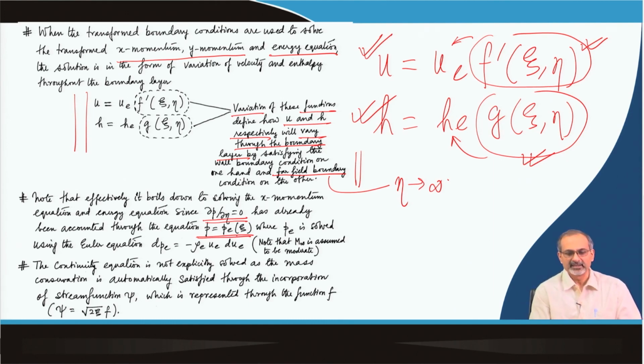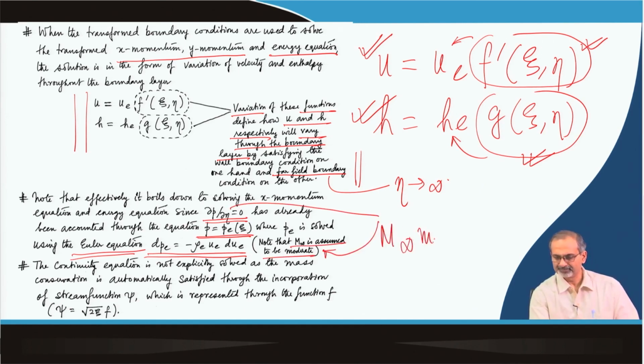This was discussed earlier too, and we recall that the Euler equation has to step in order to give us that solution. Again, this condition holds good as long as you have M infinity at a moderate value. Only then is the pressure gradient close to 0.